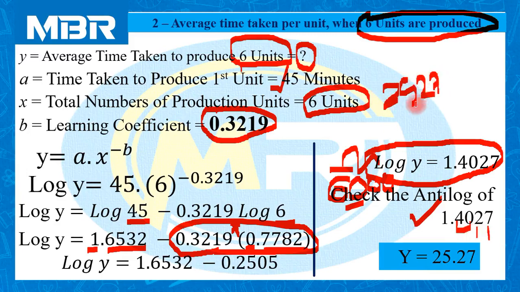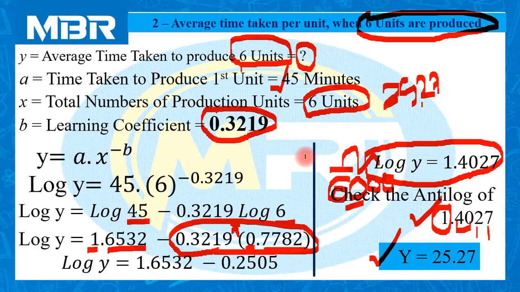Now in this 2527 the prefix is 1, so 1 plus 1 equals 2. So we need to put the decimal after 2 digits. So the result is y is equal to 25.27. It is most important for all of you to have basic knowledge of the logarithmic table and how to check log and anti-log in order to solve the problem.